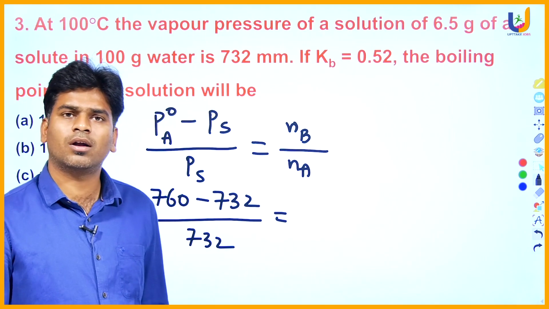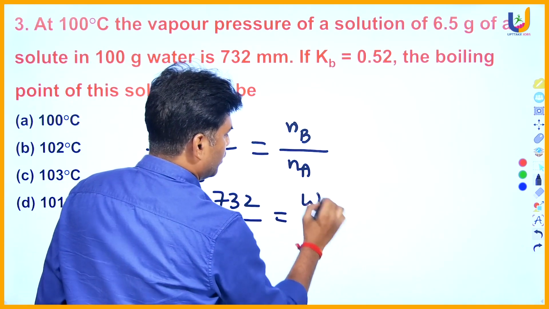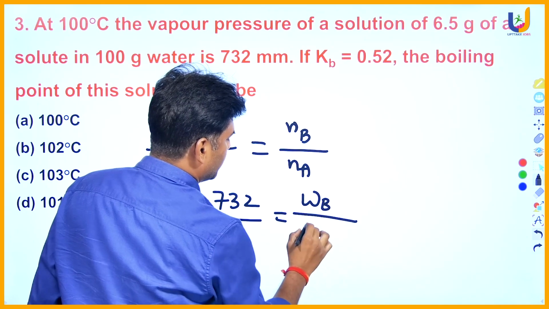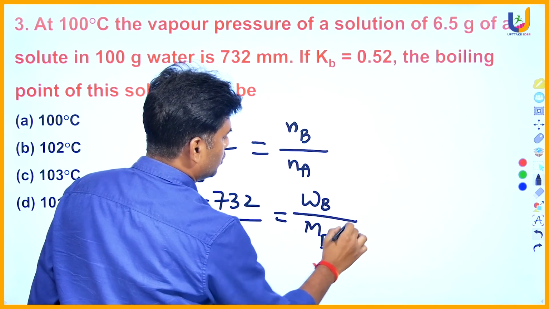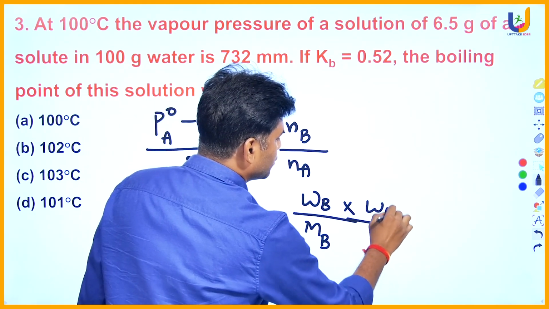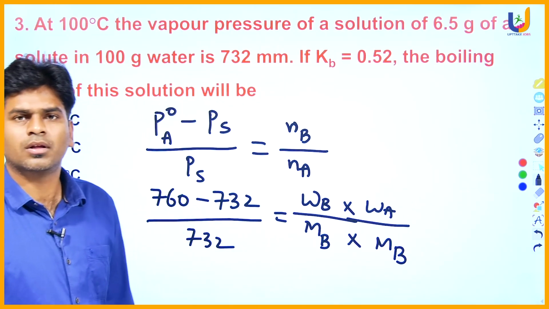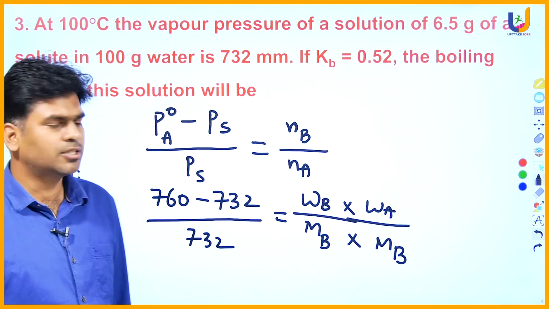Number of moles means weight by gram molecular weight, so weight of solute B by gram molecular weight of B, into gram molecular weight of A by weight of solvent A.